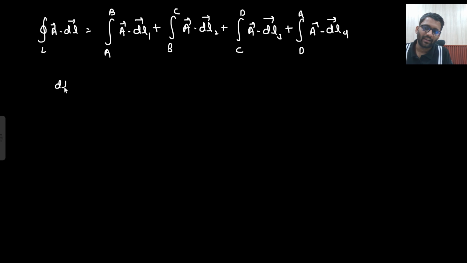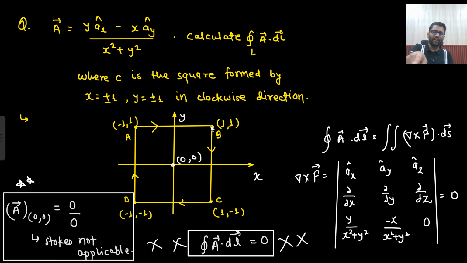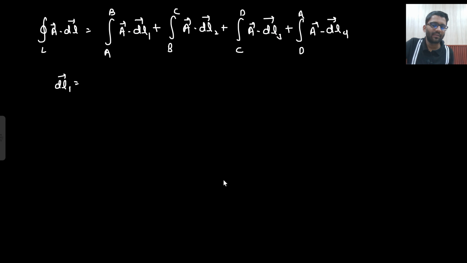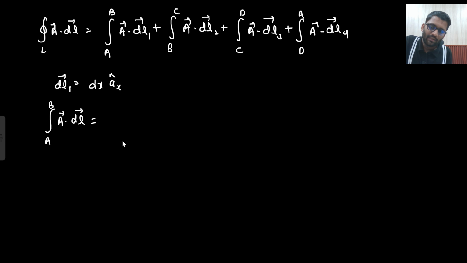So what is my dl1? From where to where am I going? A to B. So dl1 is dx ax cap. If I calculate A to B, A dot dl, what is the value of y?